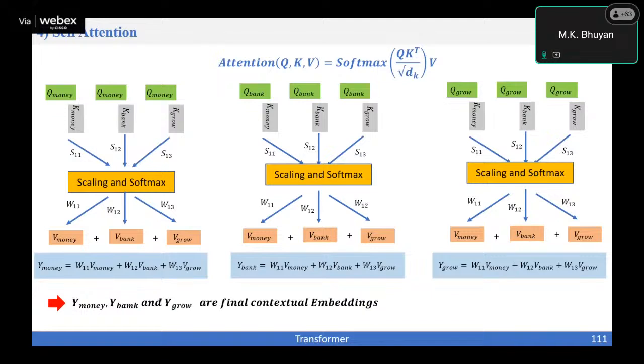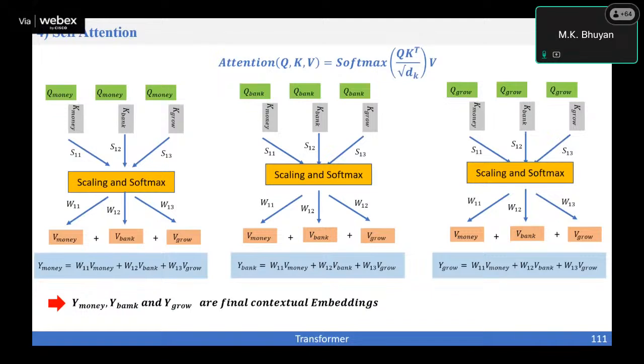Scaling means root over dk, so that value is divided by root over dk. After this we take the softmax of this, and we get the values. Then we have V money, V bank, V grows. So Y money we are getting as W11 into V money, W12 into V bank, W13 into V grows. So what is actually W11?